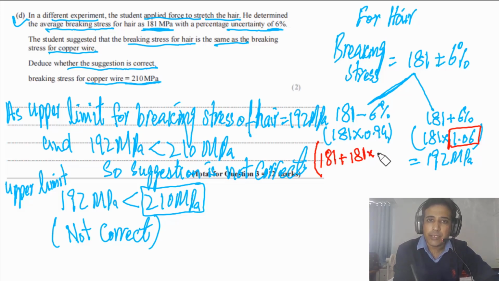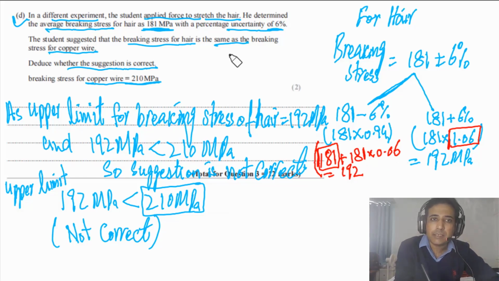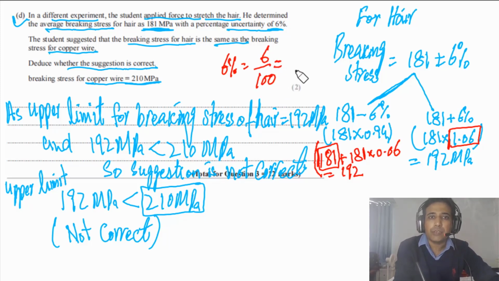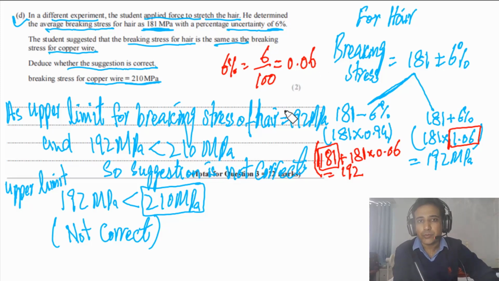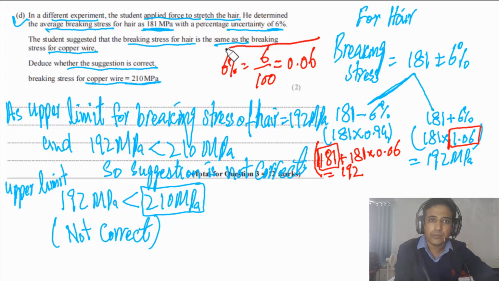So you have to multiply 181 with 0.06 and that will be equal to 11, giving 192. So this is 6% extra than this value. 6% means 6 divided by 100, so it is equal to 0.06.